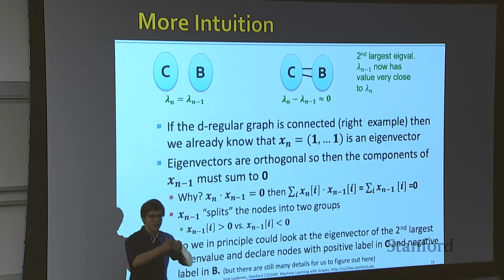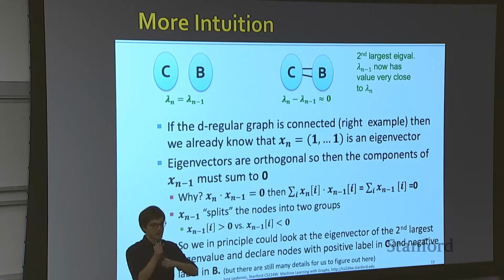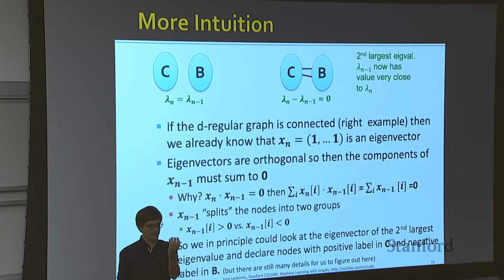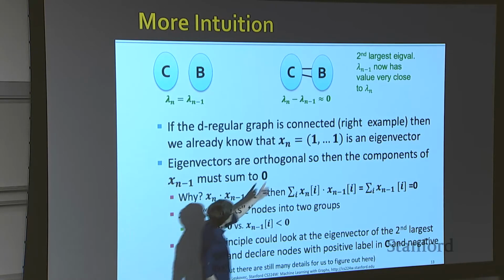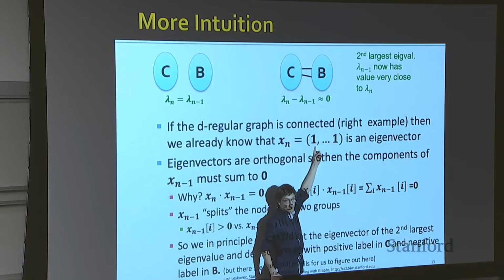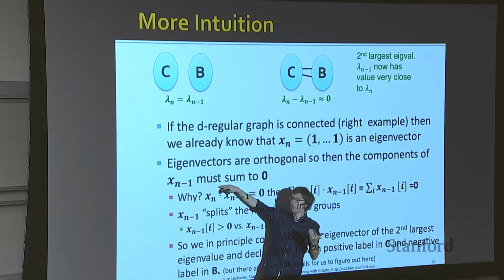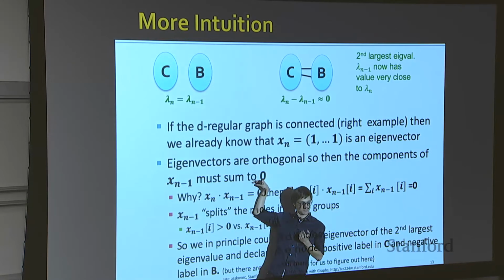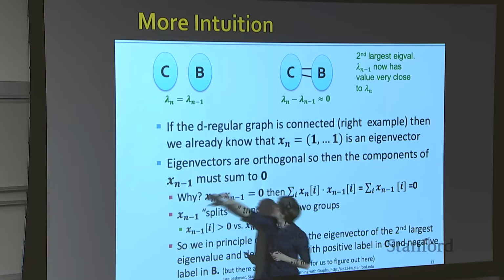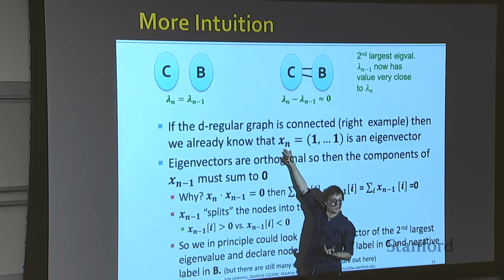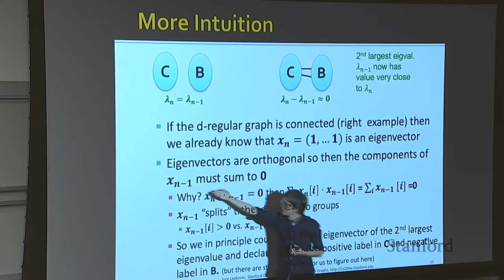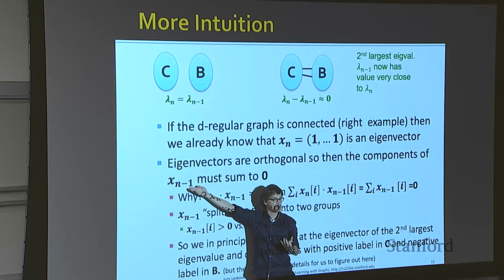Orthogonality means that if you take two vectors and do a dot product, the value is 0. So if this guy has all ones, then the second eigenvector must be such that its components sum to 0. Because this times that has to be 0.